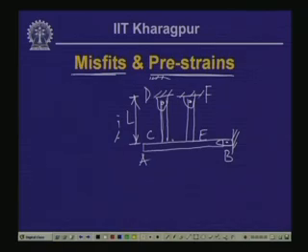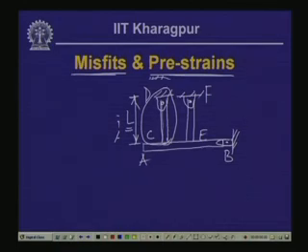Now, if one of these bars, let us say CD, is longer than the length L, then there will be a problem that we cannot fit the member CD in the whole structural assembly.